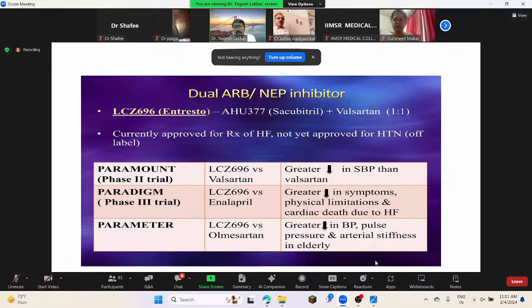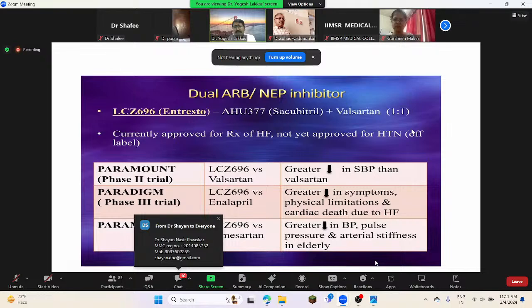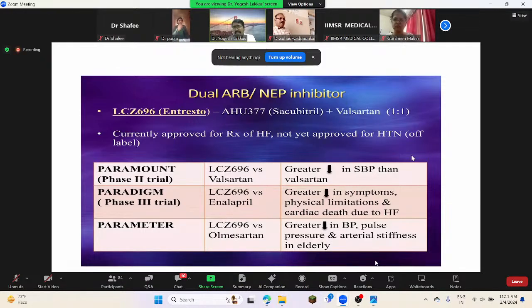The important molecules being tested are sacubitril and valsartan. This is combinedly used in the various trials. That is a neprilysin inhibitor that we are discussing. It showed greater reduction in the systolic blood pressure than valsartan alone, and greater reduction in the symptoms, physical limitations, and cardiac death due to heart failure.